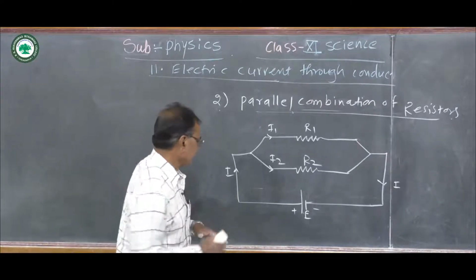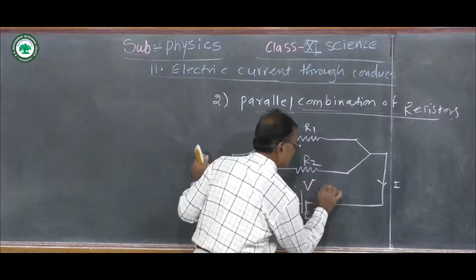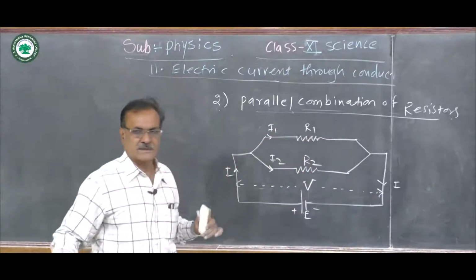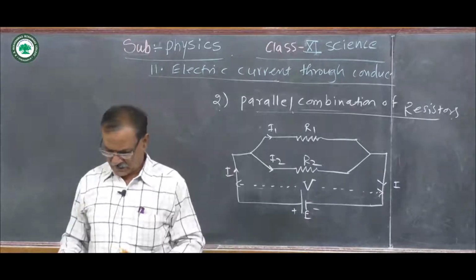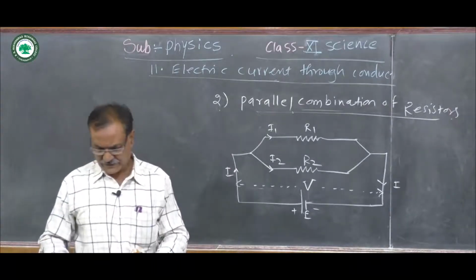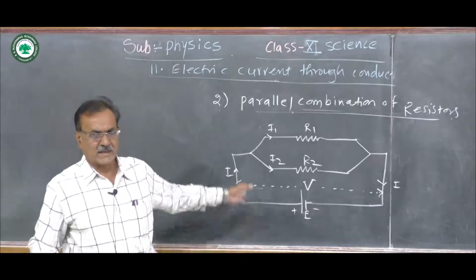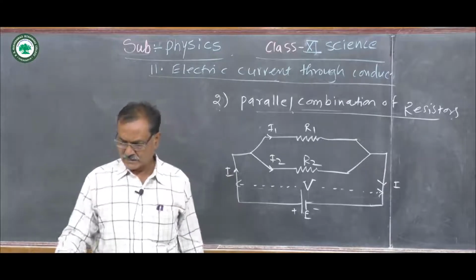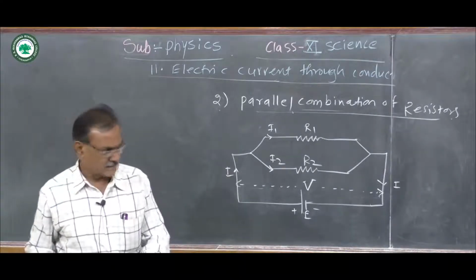But the potential difference V is the same or constant across these combinations. So in a parallel combination, the total current I is divided into I1 and I2, but the voltage is the same across the combination.